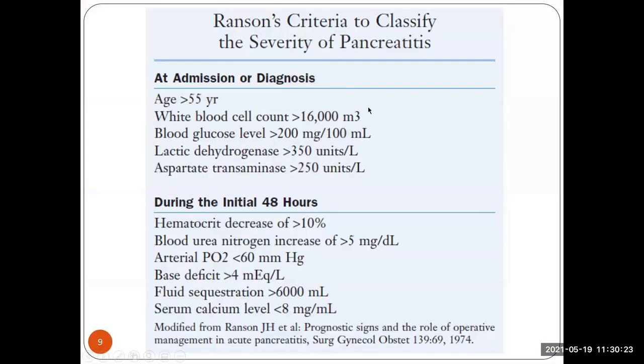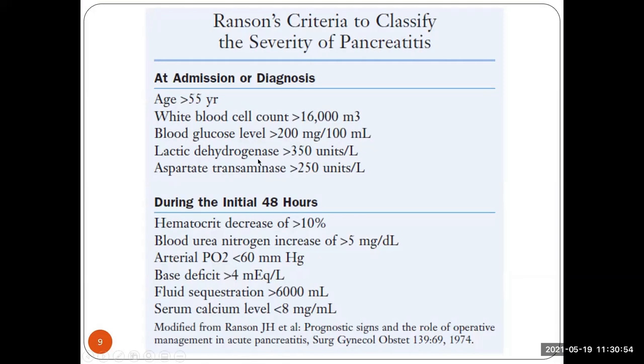This is basically the Ranson criteria to classify the severity of pancreatitis. At the admission or diagnosis stage, the following things are considered: age more than 55 years, and white blood cell count more than 16,000. Similarly, blood glucose level greater than 200 milligram per 100 ml.